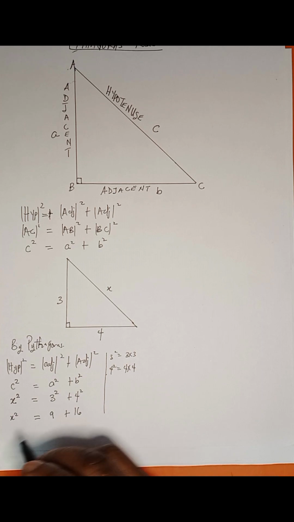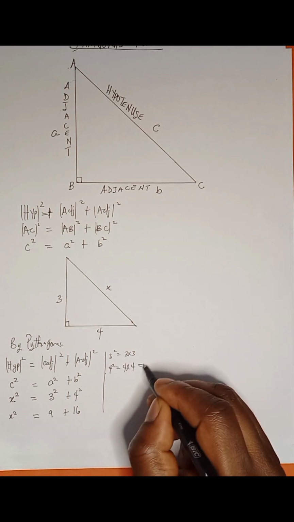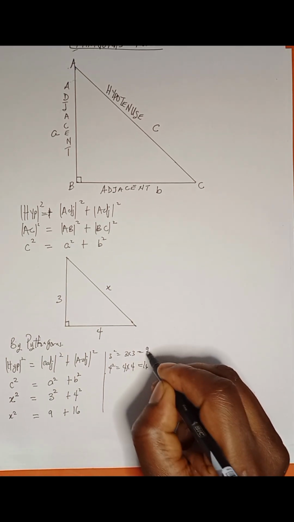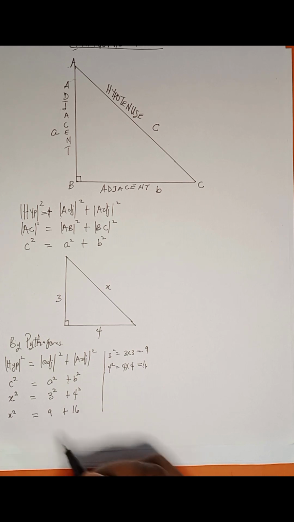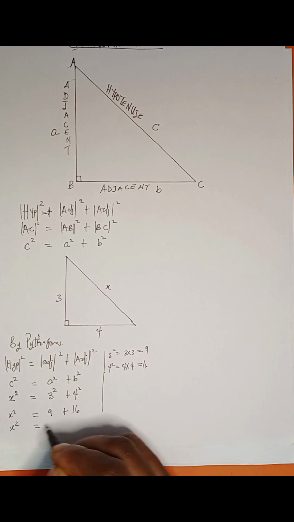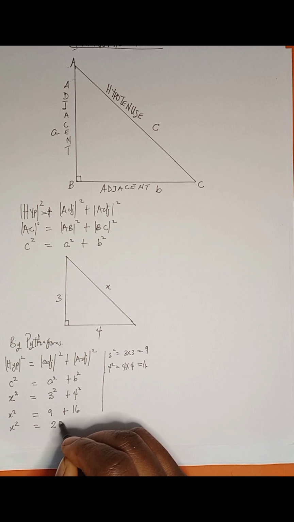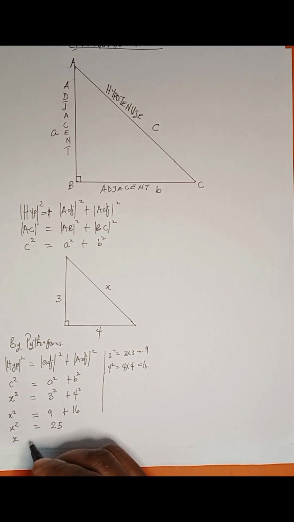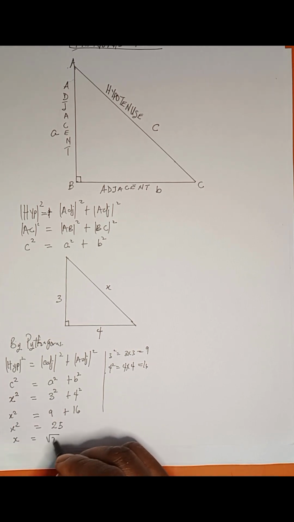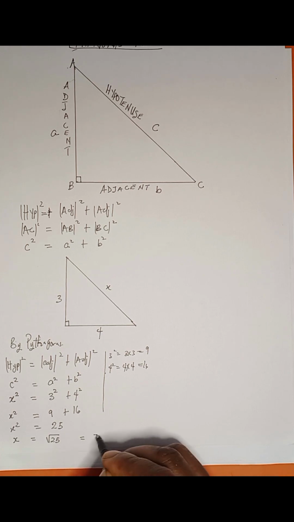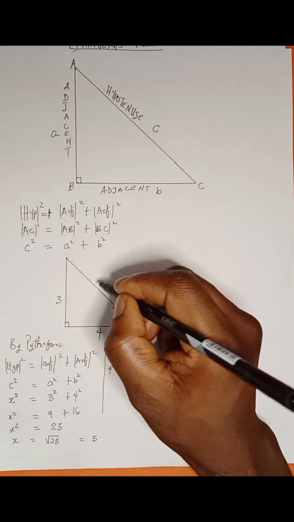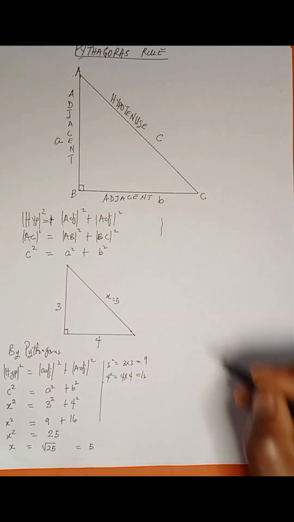So that's why we have 4 times 4 is 16, and 3 times 3 is 9. And so x squared is equal to 9 plus 16 is 25. And for us to get the x, it's going to be the square root of 25, which is equal to 5. So that means the x here is 5 by Pythagoras rule.